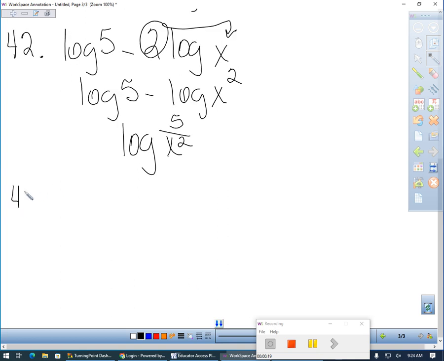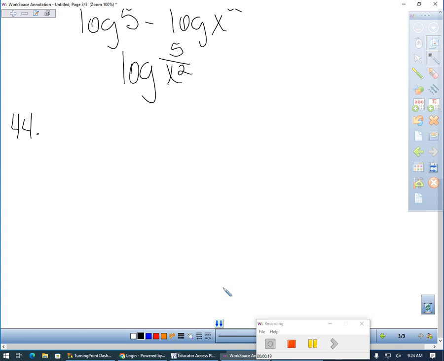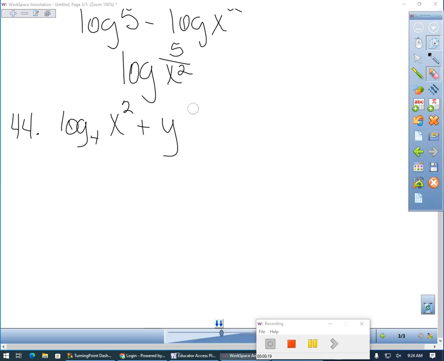All right, number 44. For number 44, we're going to actually expand this one. So I have log base 4 of x squared y to the third. Sorry, I wrote that incorrectly. There we go. Now, in the log world, when we're multiplying, we're really adding.